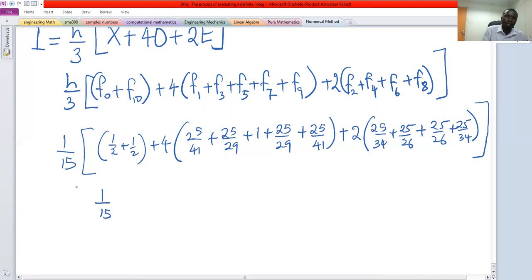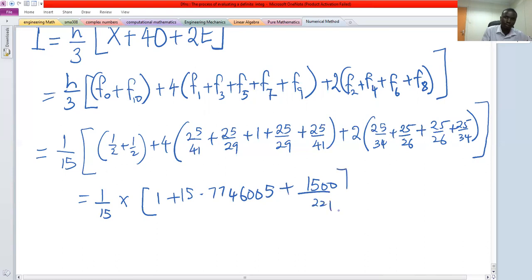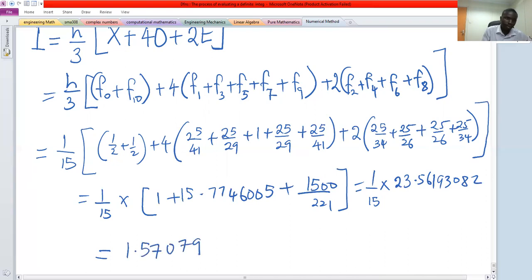This would be 1/15 times this bracket. We have 1 plus 15.774605 plus 1500/221. This would be 1/15 times 23.56193082. That gives 1.570795388.